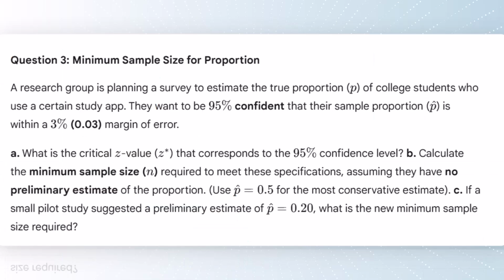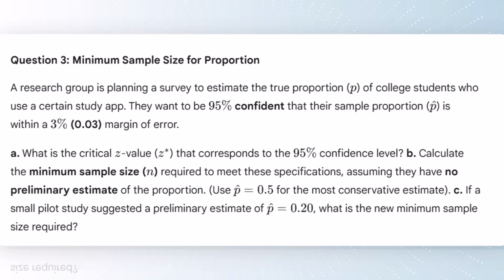So for B, what is the minimum sample size required to meet this specification? Meaning a 95% confidence level and a margin of error of 0.03, assuming that we have no preliminary estimate of the proportion. So there is a formula. I will provide the formula if you need it. I don't expect the students to memorize that one.